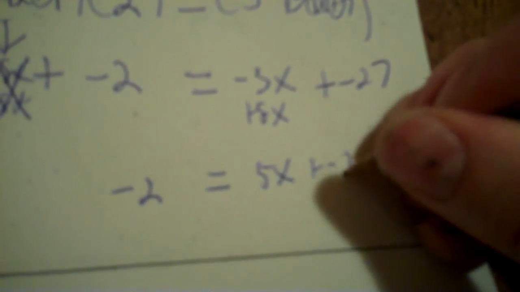Okay, so when I'm looking around at this, I see x here and x here, so I pick one of the x's to get rid of. I'll pick that one. Okay, so it's negative 8. To get that out of there to 0, you'd add 8x. Then you add it to your negative 3x. So you have negative 2, negative 3 plus 8 is 5x, and then plus negative 27.